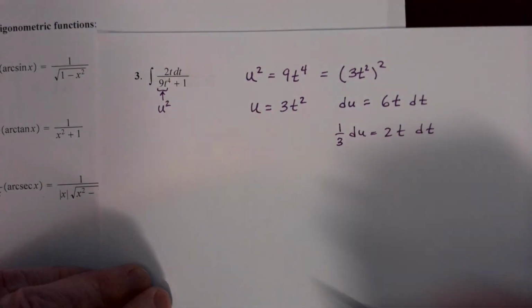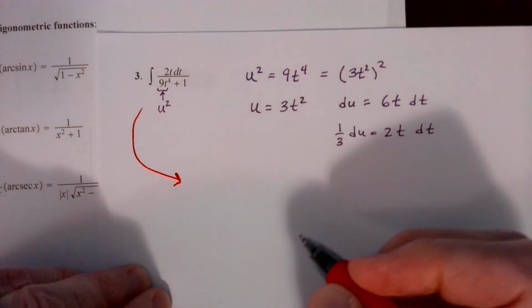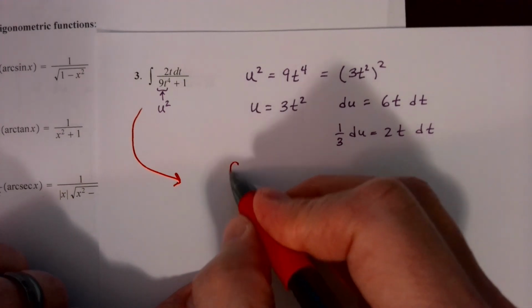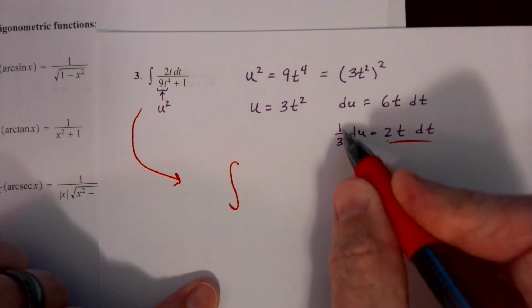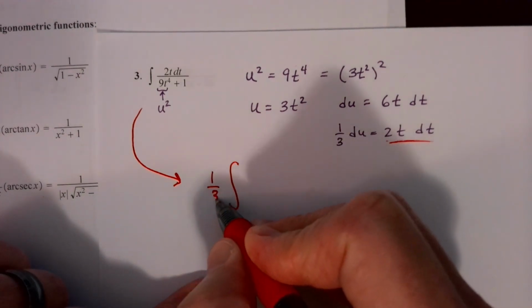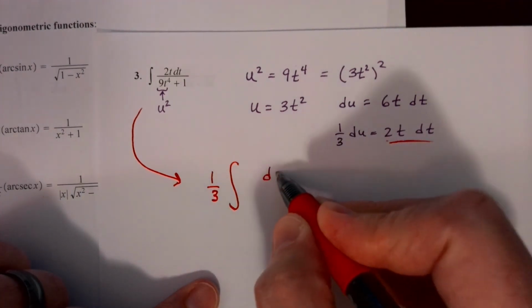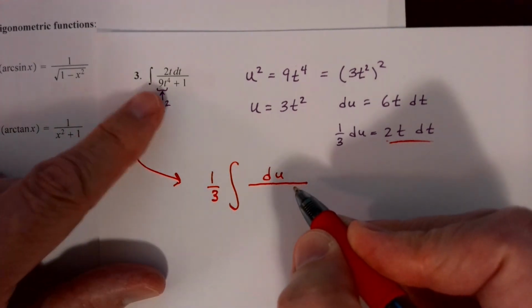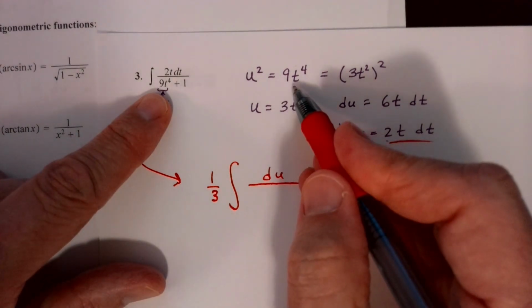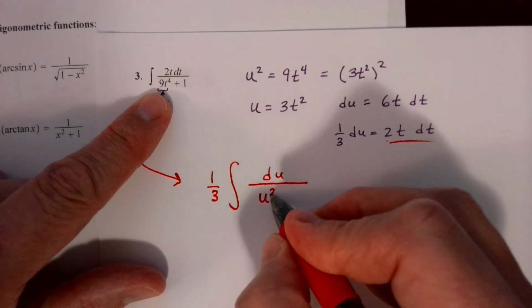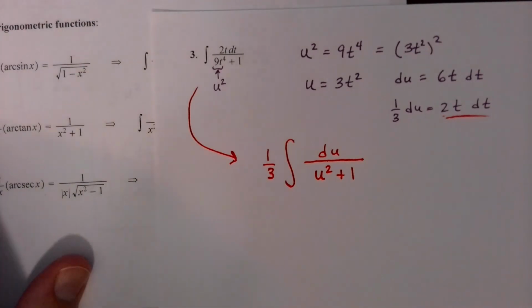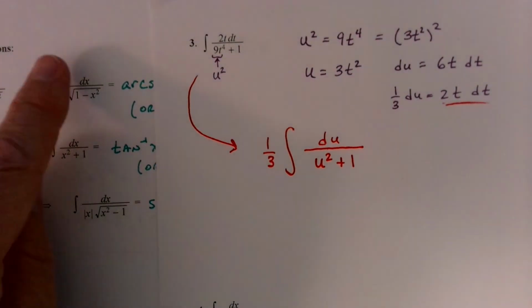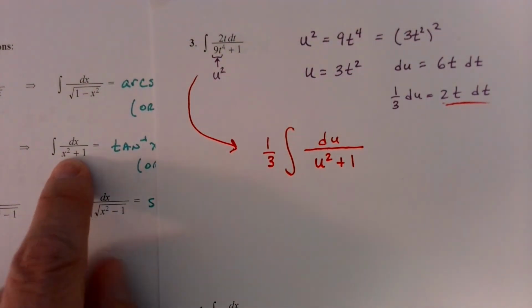And so what does my integral then become? The 2t dt is what? 1/3 du. 1/3 is a constant multiple. Pull that 1/3 out. And I have du over what? 9t to the fourth. What's 9t to the fourth? That's u squared, plus 1. Now, does this now look like one of these integrals that we know? Yeah, it's dead on for this one, right? So that's what we're saying.